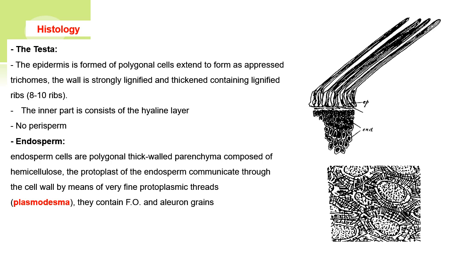The cells of the endosperm are connected to each other by fine protoplasmic threads known as plasmodesmata. These are the threads of plasmodesmata connecting the endosperm cells with each other. The contents of the endosperm are fixed oil and aleurone grains.